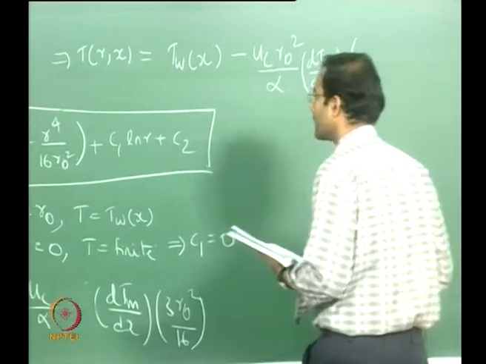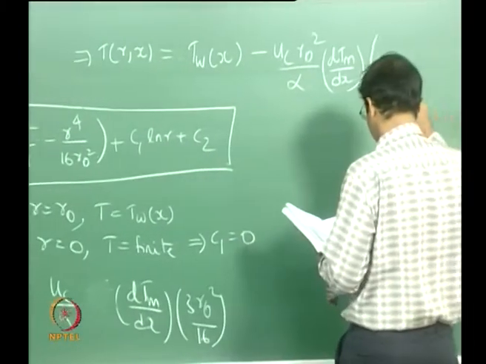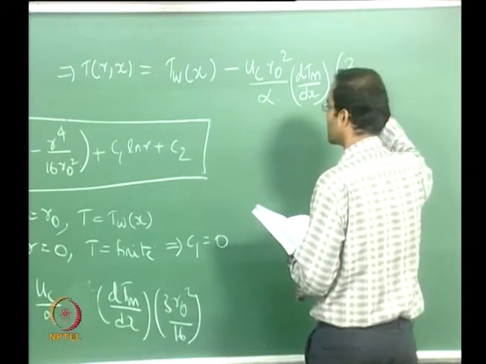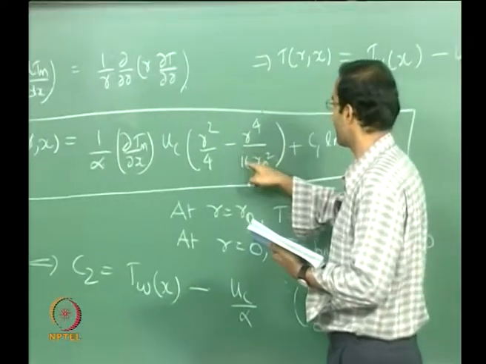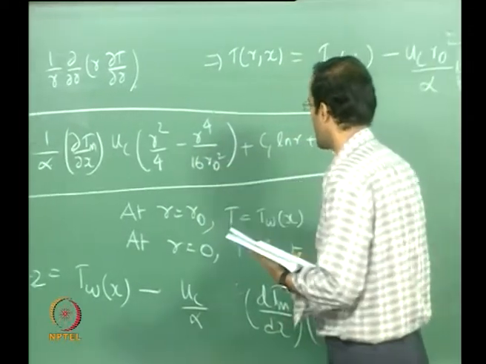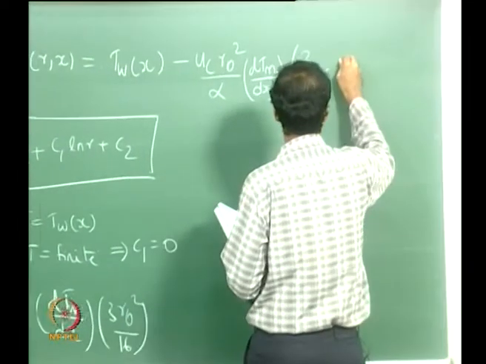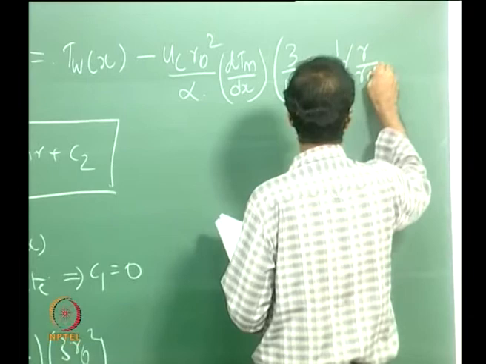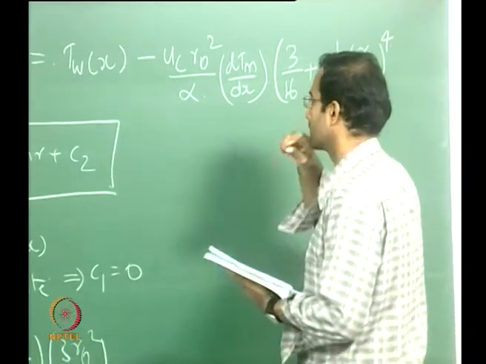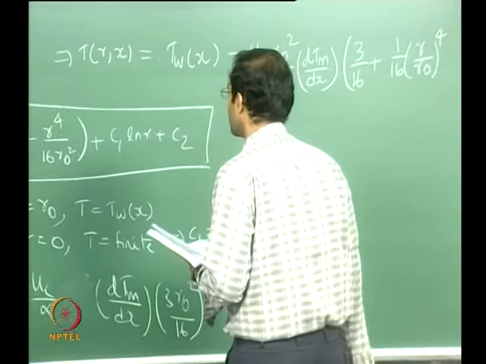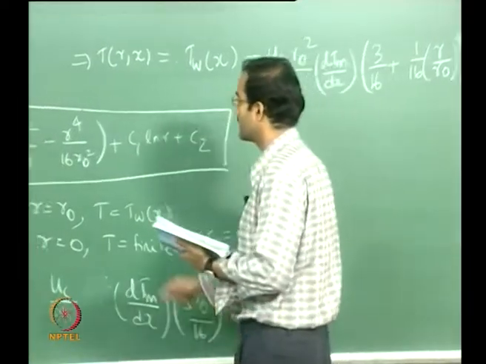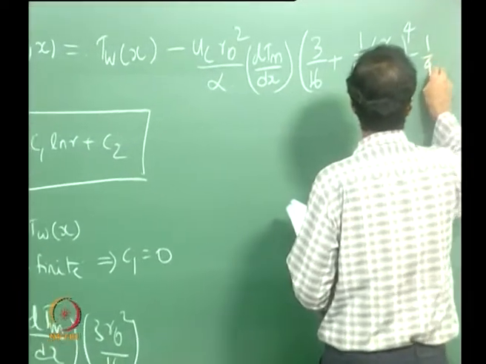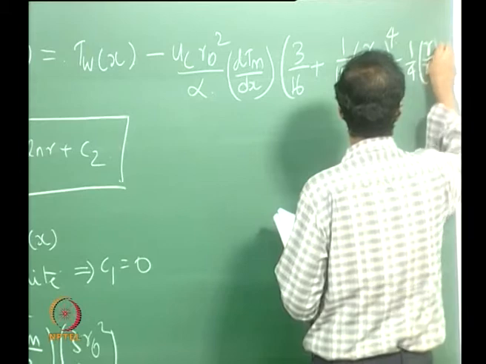So this will be left with 3 by 16, plus 1 by 16 (r by r₀) to the power 4, and this remaining term will be minus 1 by 4 (r by r₀) to the power 2.